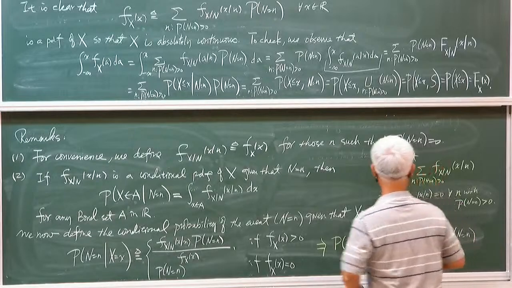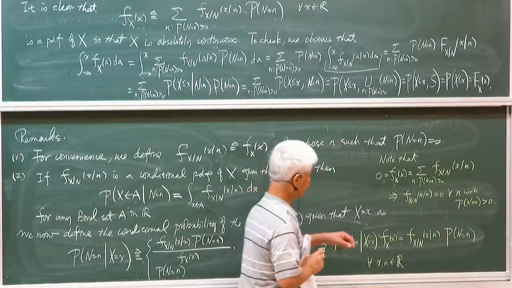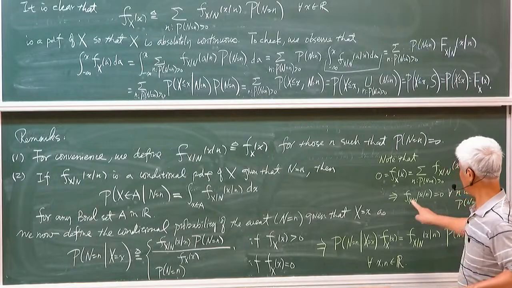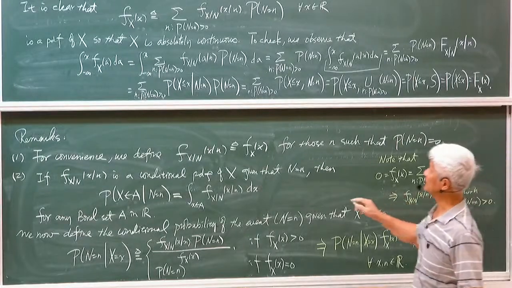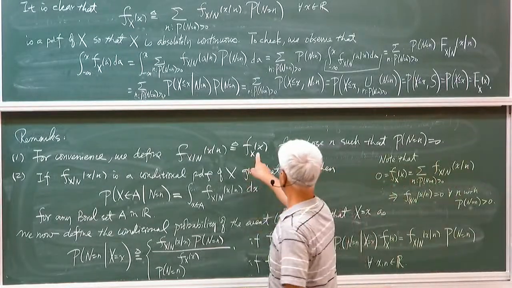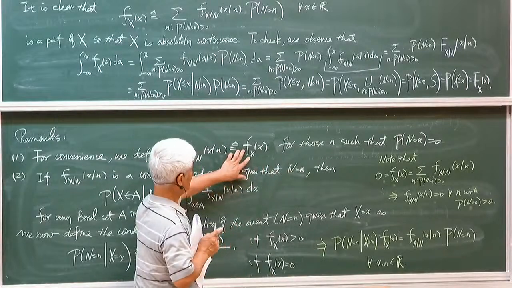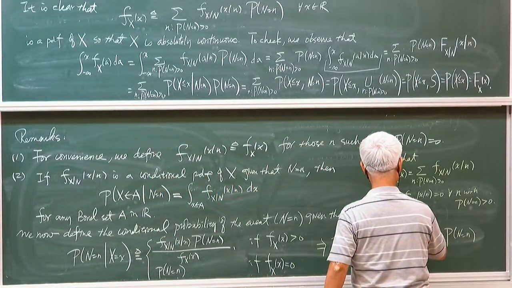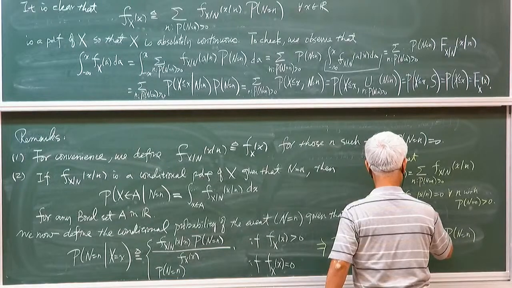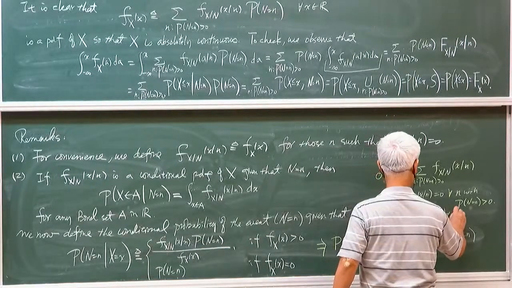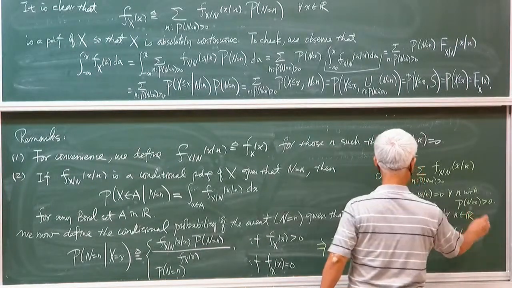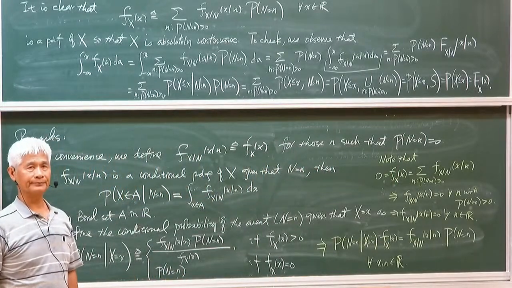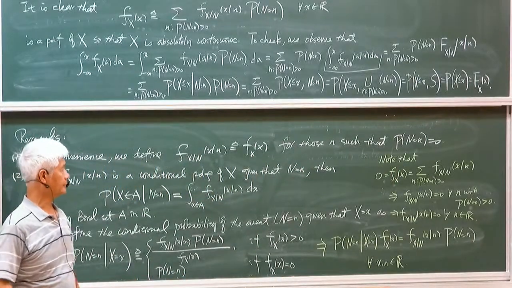And when the probability of this event is 0, then this conditional probability by our definition is equal to this one. So this implies that this holds for all x in R. Why?